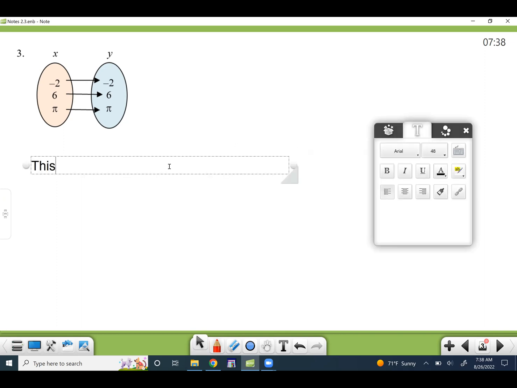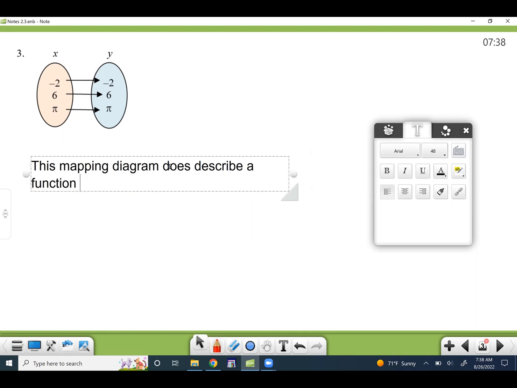So this mapping diagram does describe a function, since every x is paired, oops, I keep wanting to typo today, huh? It's paired with exactly one y value.